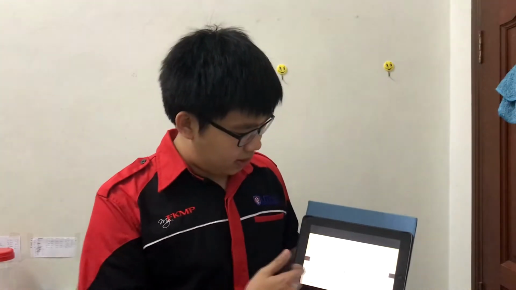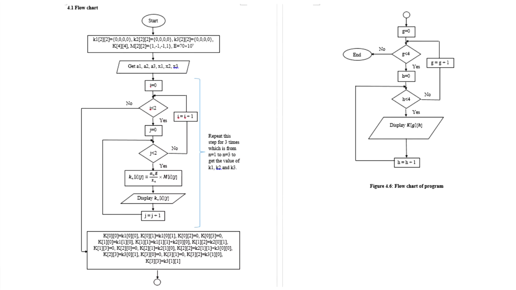Okay, now I would like to discuss the flowchart, pseudocode, and the program of this project, and I will enlarge and zoom in to explain so that you all can see more details clearly.